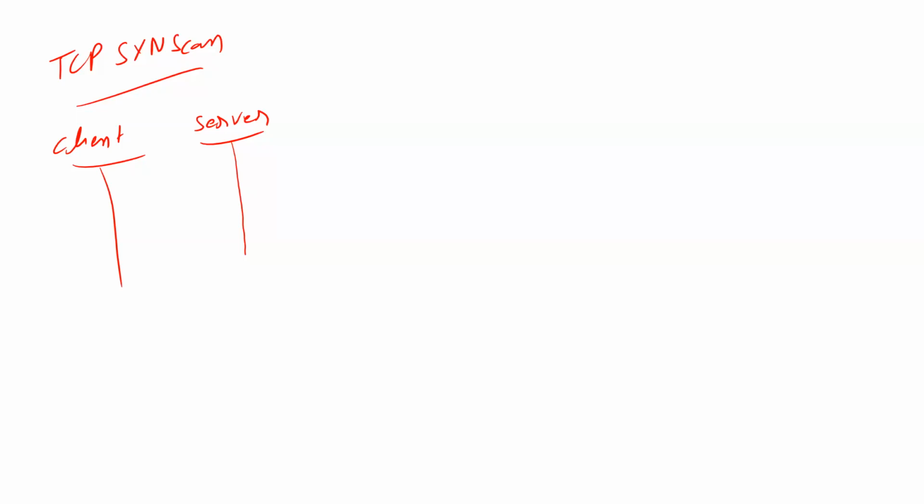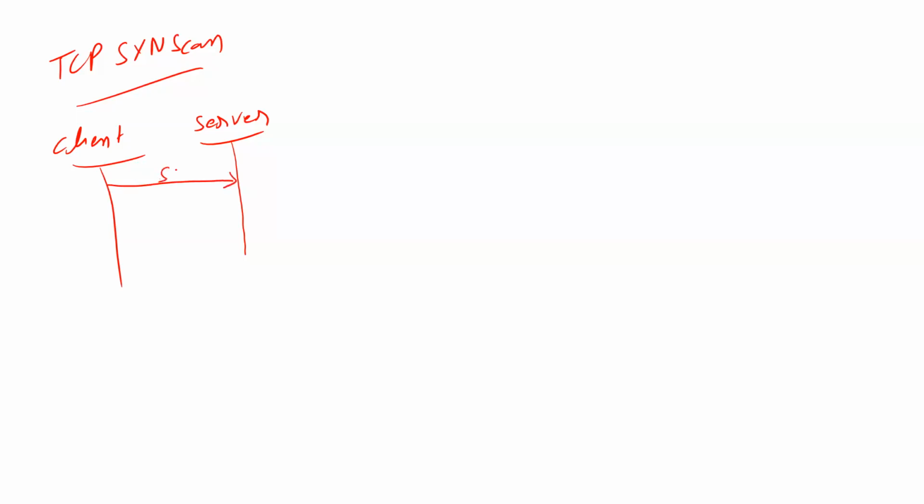To establish a TCP connection to a server, what is the procedure? I'm sure you all have discussed this in your CCNA. The client has to send a synchronize message to the server.